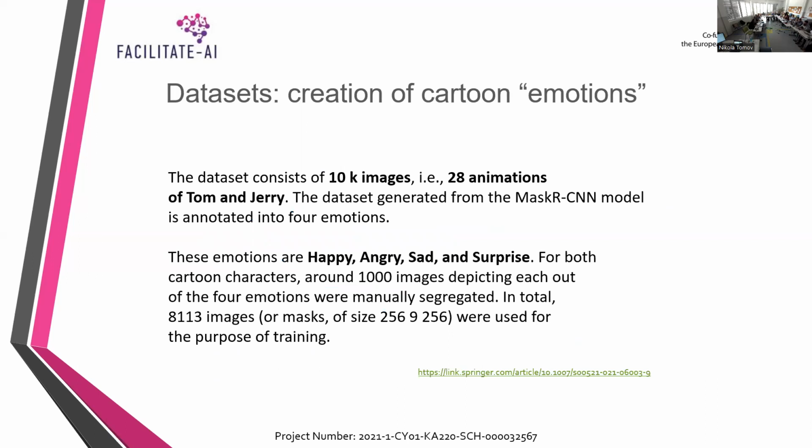I like very much this example because it is the creation of cartoon emotions. Look here, some researchers do the following: try to build a data set with animations of Tom and Jerry, a known comic. So these emotions try to have 4 kinds of emotion: happy, angry, sad, and surprise.